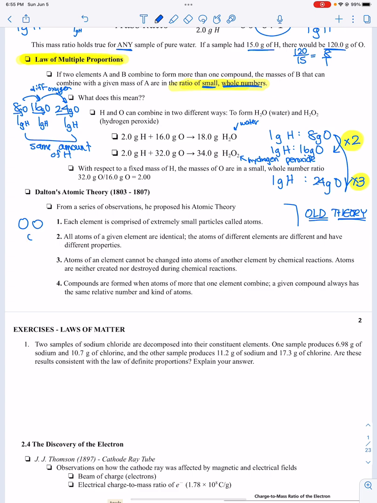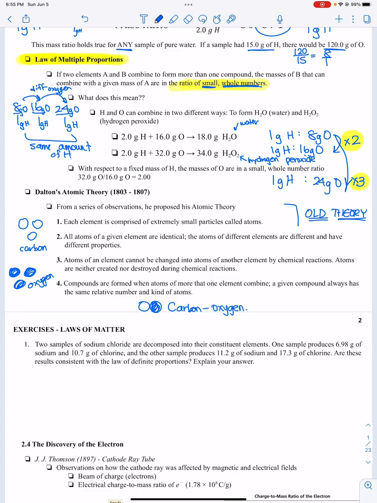So like all of these would be carbon, but then maybe something like this would be oxygen. Just as an example, they would look different, but all be the same circle. Atoms of an element cannot be changed into atoms of another element, so I can't turn carbon into oxygen. And then compounds are formed when atoms of more than one element combine. So this would be a carbon and oxygen compound.